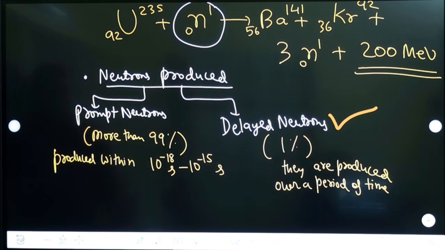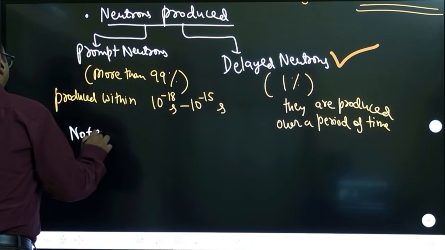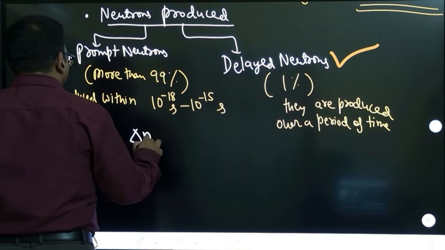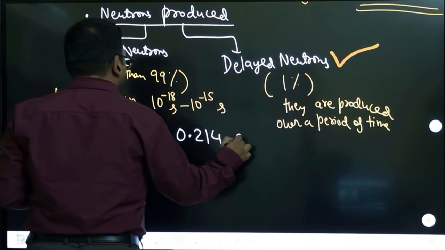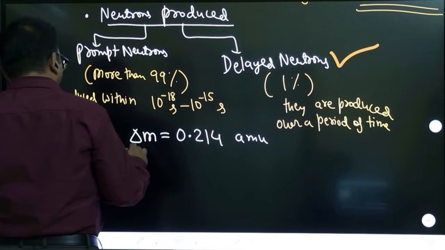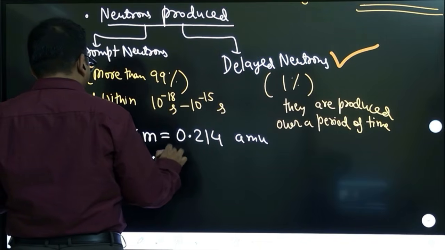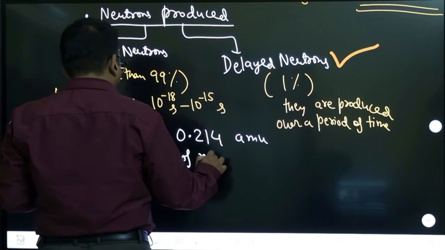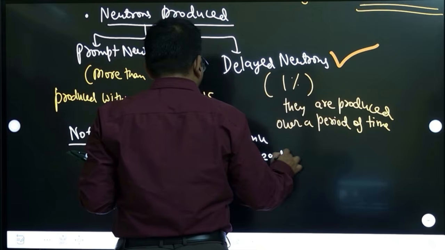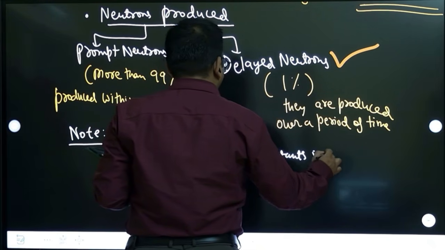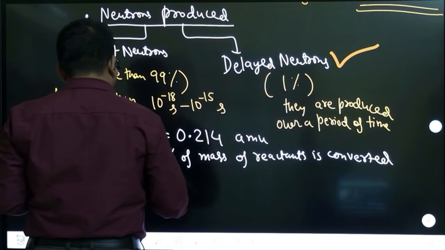What we need to note here, a few important points: the mass defect, delta m, or change of mass, is nearly 0.214 atomic mass unit, and this is the first point to note. The second point is that 0.1% of the mass of the reactants is converted into energy.